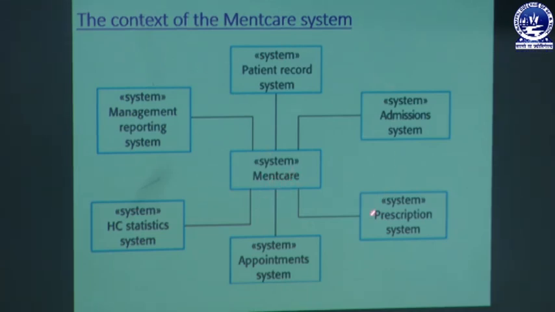So, these are the environment for the Mentcare system. Without having an environment, the Mentcare system cannot run by itself. So, we have a good relationship with our environment. These are the environment and the relationships showing how they are connected with the Mentcare system. This figure is known as the context model. So, this is a system model.